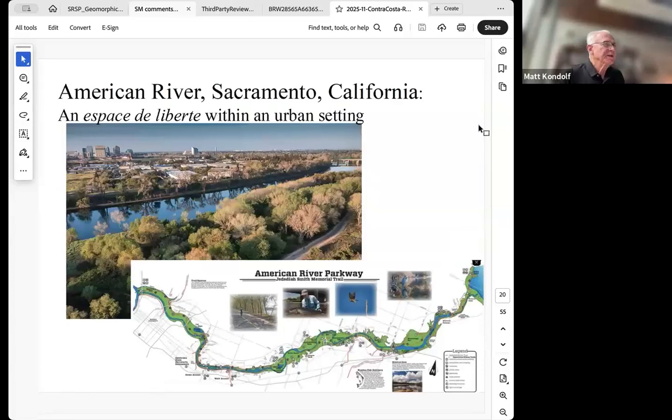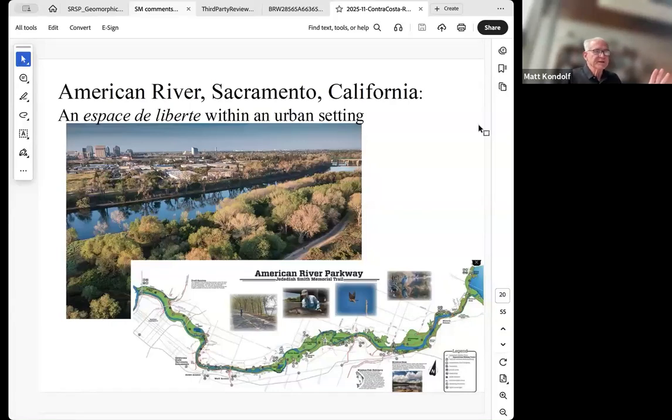Now, what would we like to see in urban areas? Not very often celebrated, but I think a wonderful bit of land use planning is the American River Parkway, which goes back to 1959. And it's 37 kilometers long, so whatever, 25 miles or something like that from Nimbus Dam down to the Sacramento River confluence.